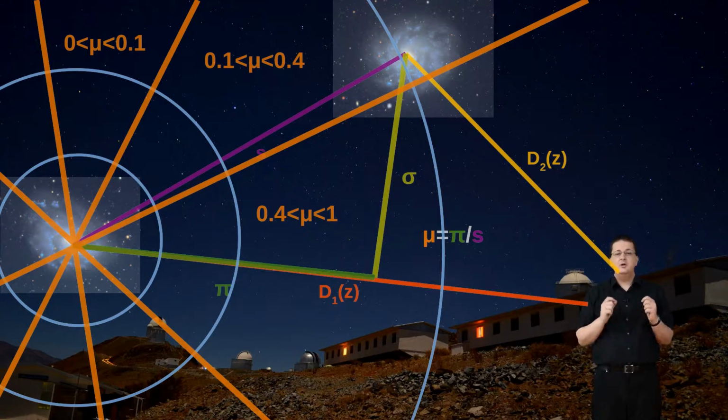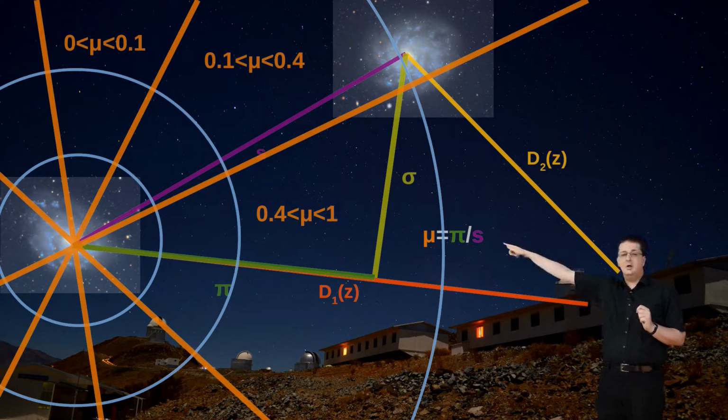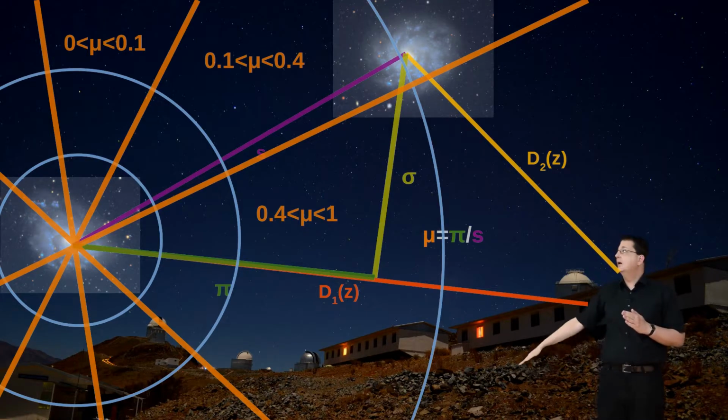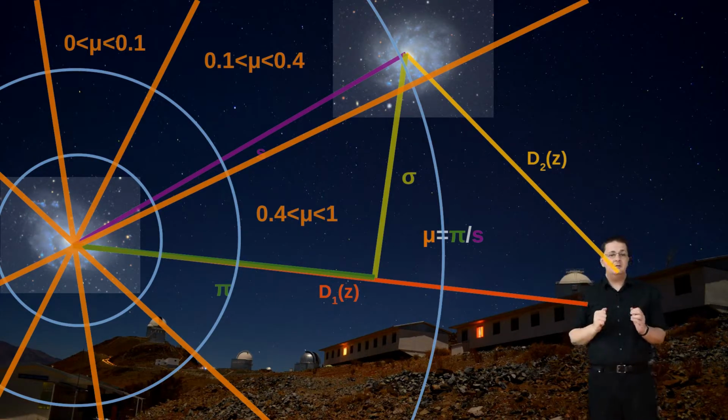The error caused by the large uncertainties of photometric redshifts will mostly affect the higher mu bins which are along our line of sight. However, the lower mu bins, which are orthogonal to the line of sight, are the least contaminated by photo-z uncertainties.